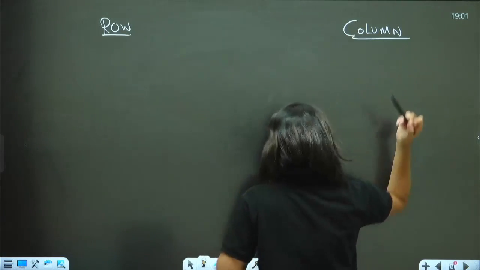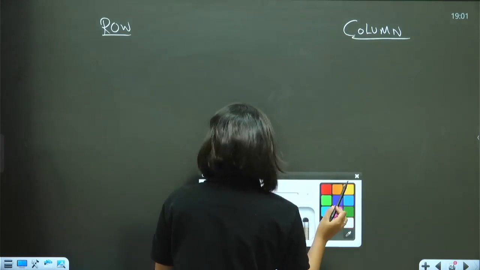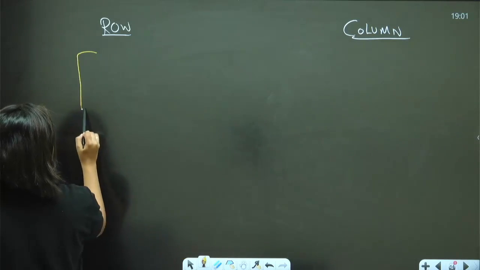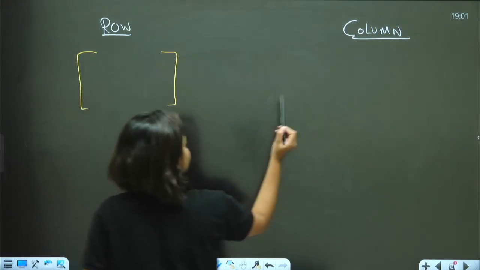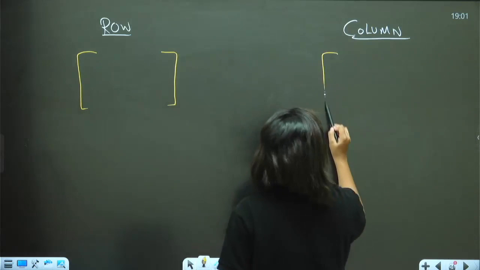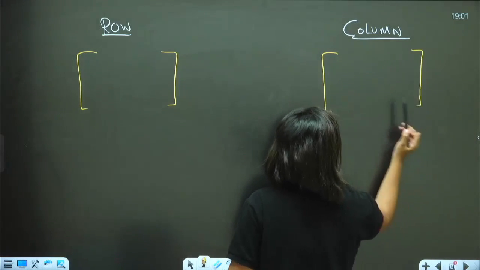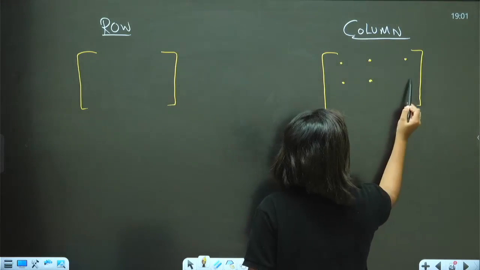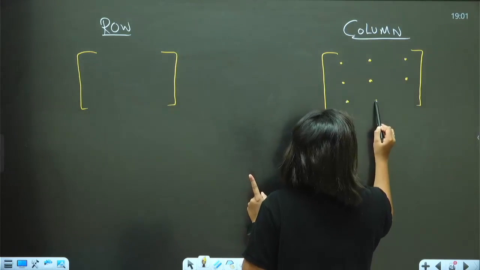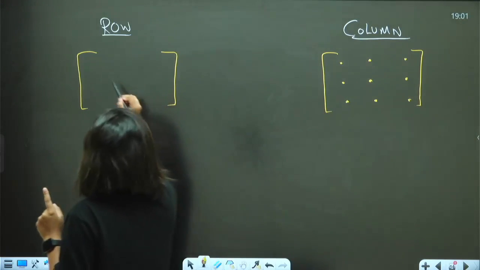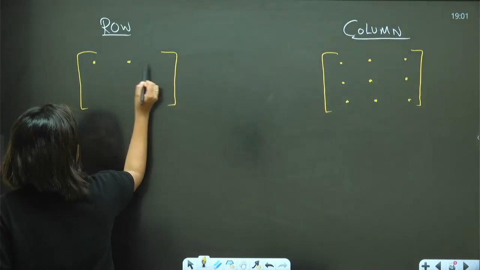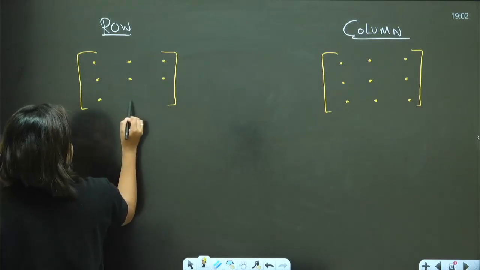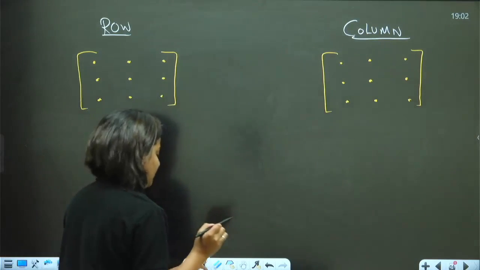Suppose you are doing row transformation for a 3 by 3 matrix, 9 elements are there. What should be made 1 first? What should be made 0 first? That's the biggest challenge, right? And that's the part, if you crack it, the question will be done.